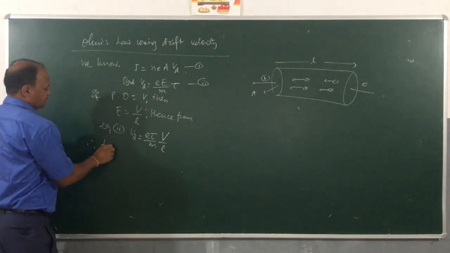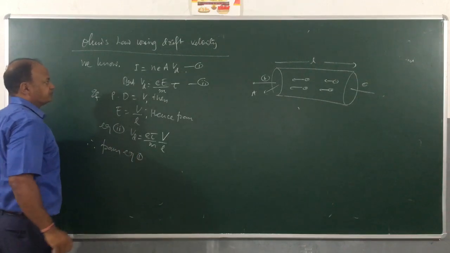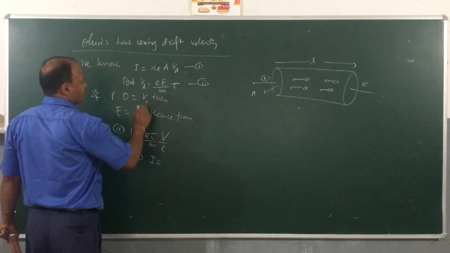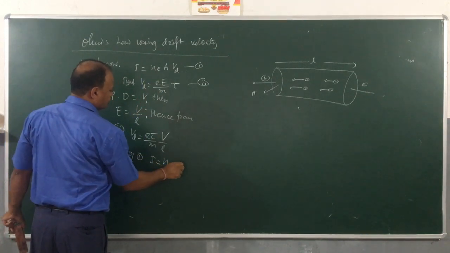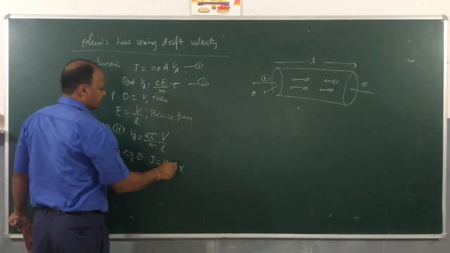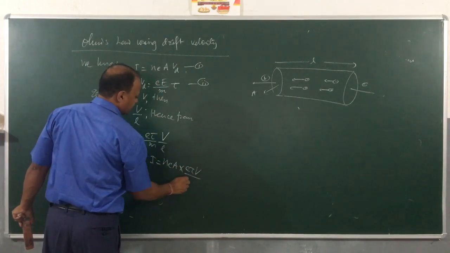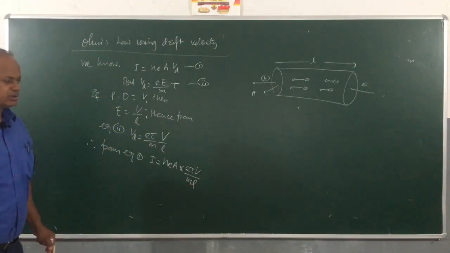Hence from equation 1, children, we have I is equal to nEA into, I will put the value of Vd, E tau V by m into L, right?